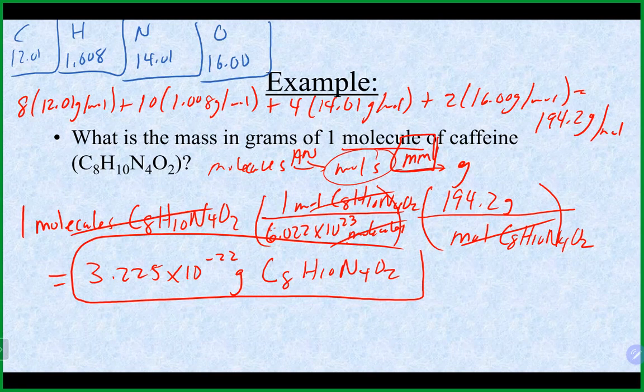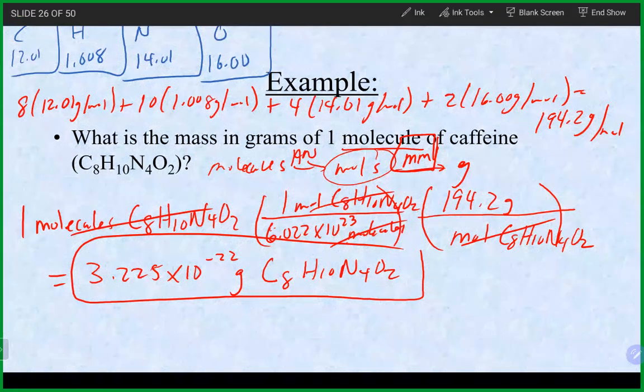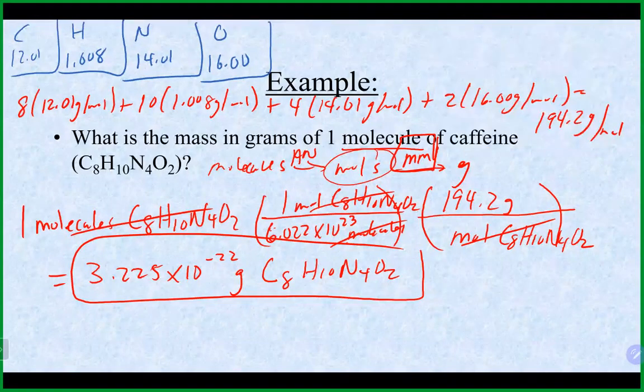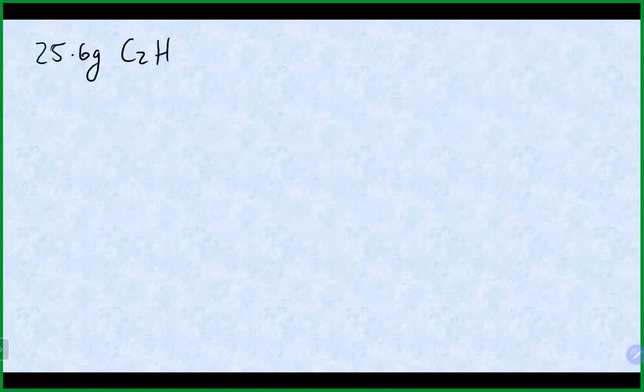So you have to do a little bit of a different calculation, or think about how you could get to what you're looking for. Let's take a look at an example. Let's say we had 25.6 grams of ethanol, like the one we did earlier, and we wanted to know how many grams of hydrogen that would be.